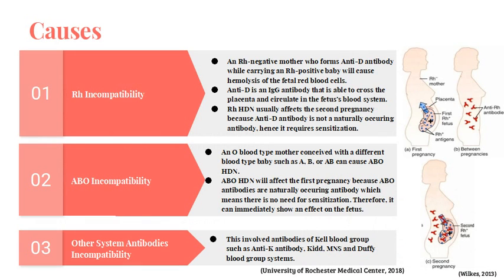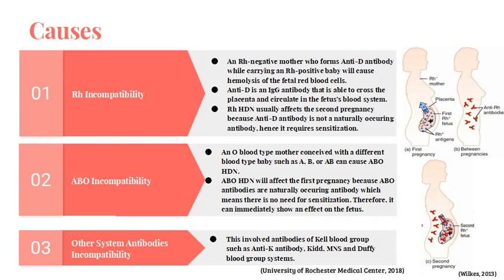There are three causes of HDN, such as Rh incompatibility, ABO incompatibility, and other system antibody incompatibility. Rh incompatibility is when an Rh negative mother who has an Rh positive baby with an Rh positive father forms anti-D antibody, which will cause hemolysis or breakdown of the fetus red blood cell.